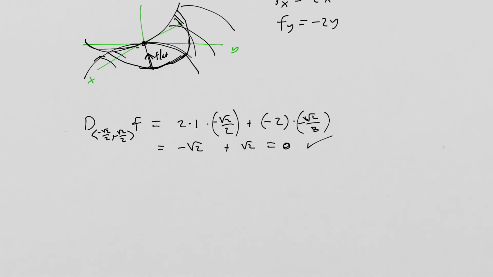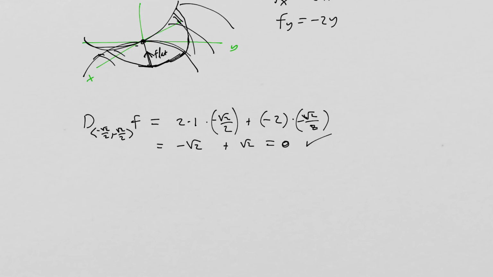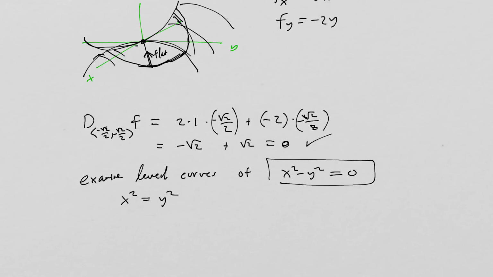There's actually a good way to understand this, and that's to examine the level curves of x squared minus y squared to understand what's going on here. So if I set it equal to 0, then I have x squared is equal to y squared, right? I want to figure out what points on the graph are flat, that stay even with 0.